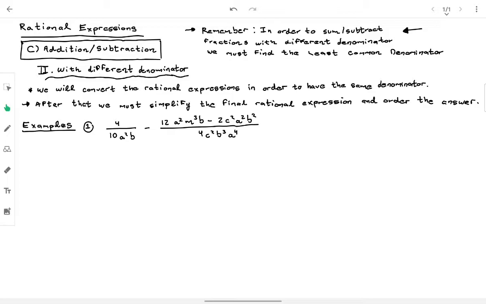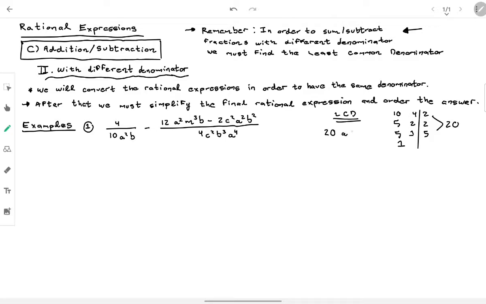On this one, the first thing we need to do is obtain the least common denominator, or least common multiple. So first, between 10 and 4, we can do the prime decomposition. And it's going to be 20. What about the letters? Remember, we need to put all the letters we have.